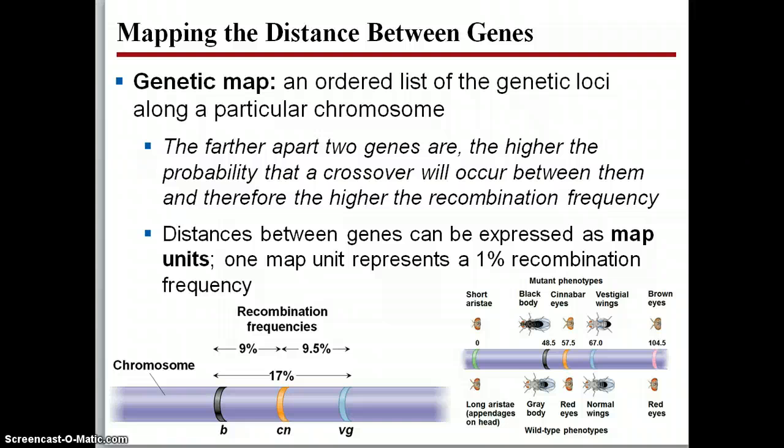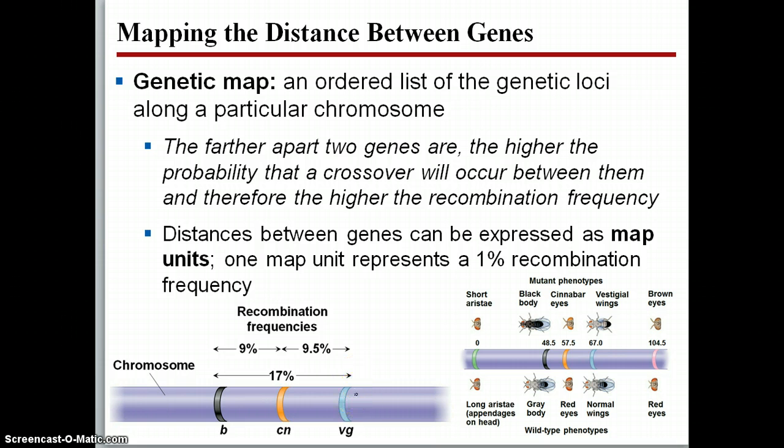If they're really close, it's less likely that you're going to have that synapsis taking place right in between them because it's a very small area. So we take that recombinant frequency and turn that into map units. 1% equals 1 map unit. And you can put that on a chromosome.